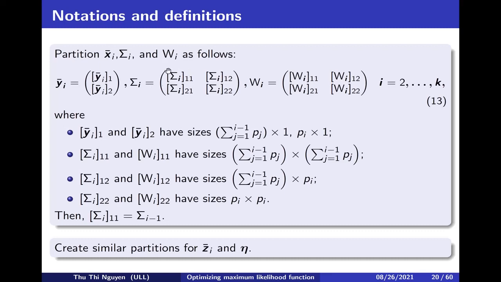The partition of sigma I has the size relevant to the partition in y I bar, and similarly for W I. With this way of partitioning, we can realize that sigma I bracket 1 1 is equal to sigma I minus 1. So this allows us to compute the estimate in a sequential way, and we can create a similar partition for c I bar and eta.